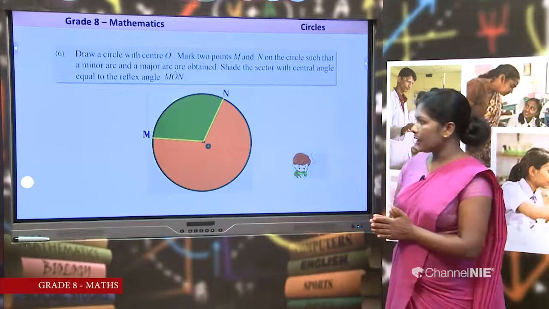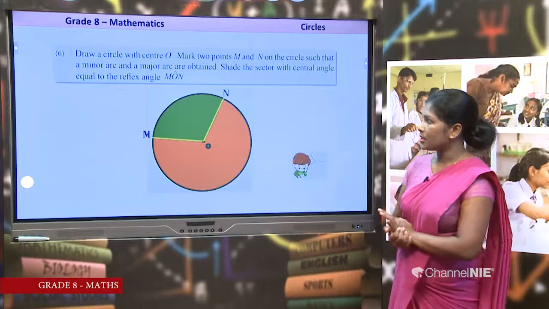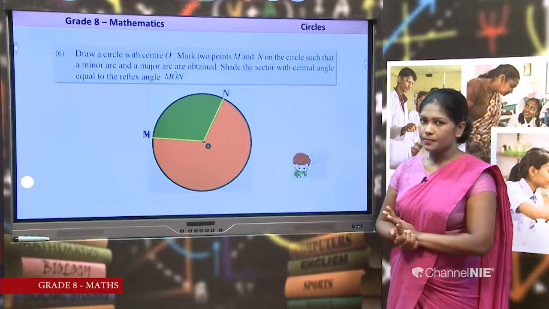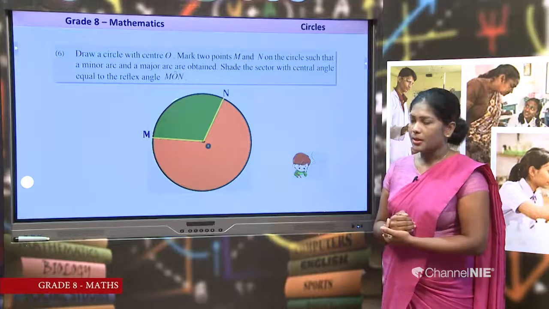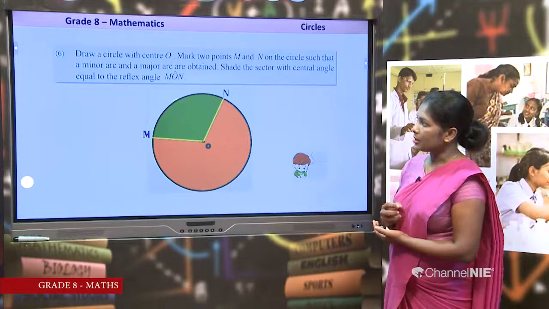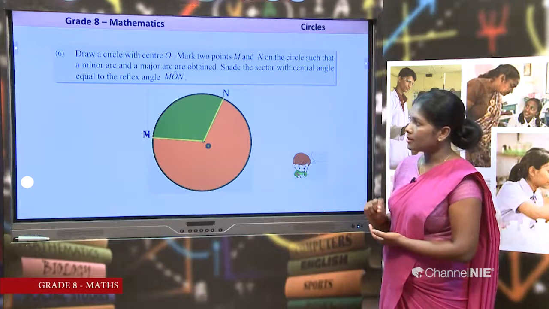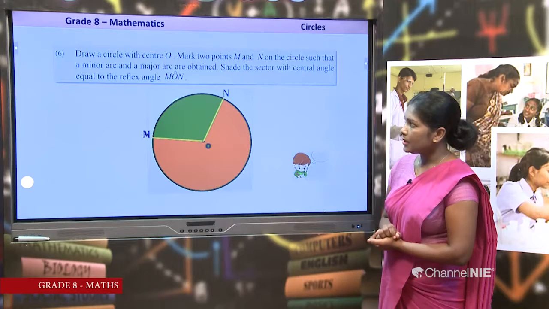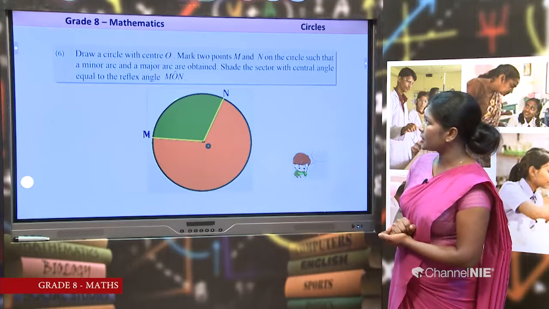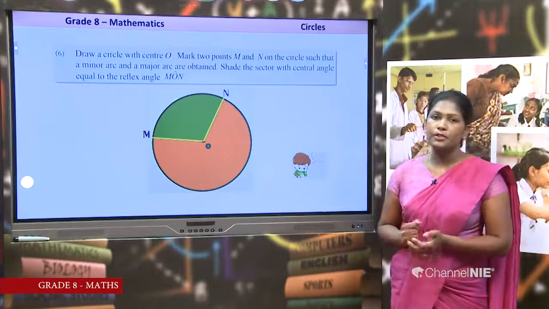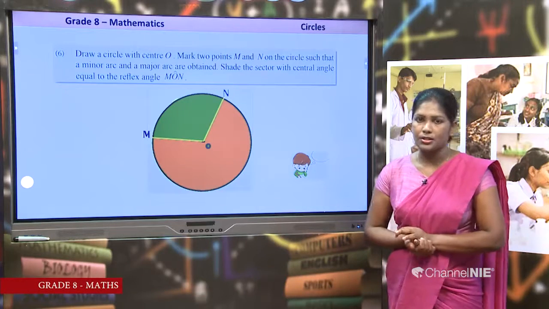So, here MON, the orange color region is the answer. The orange color region means that is the reflex angle. It should be the answer because they ask about the reflex angle.